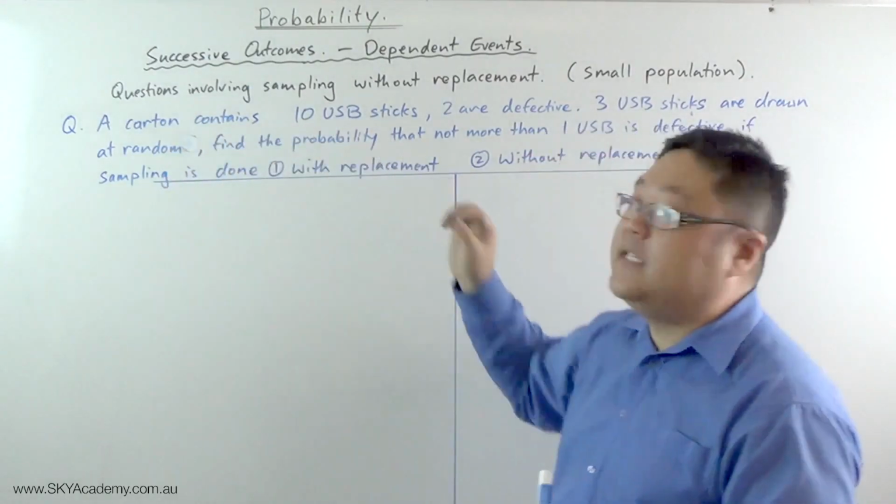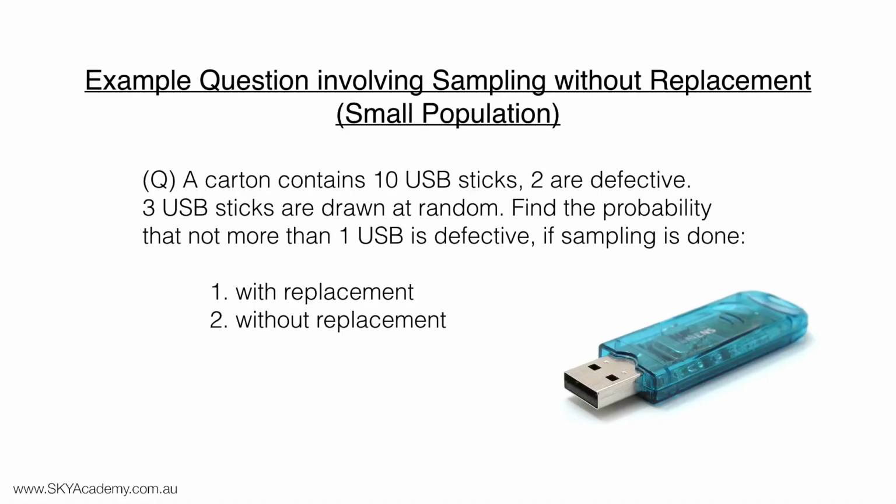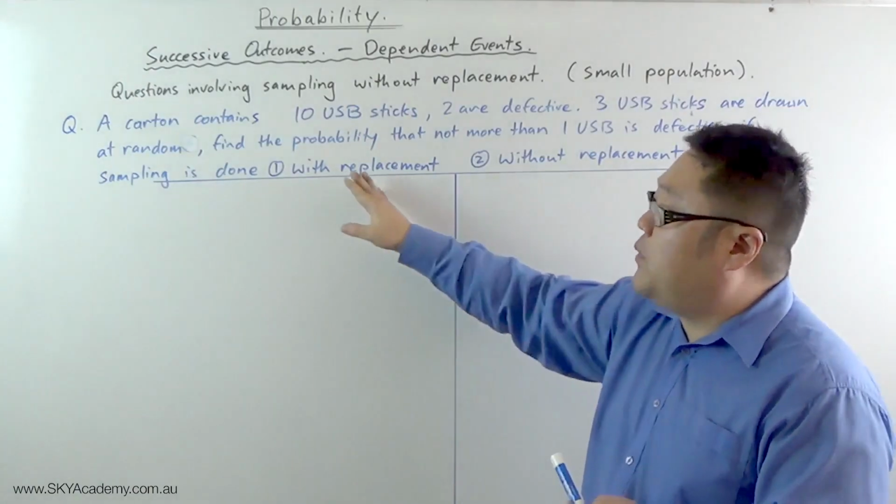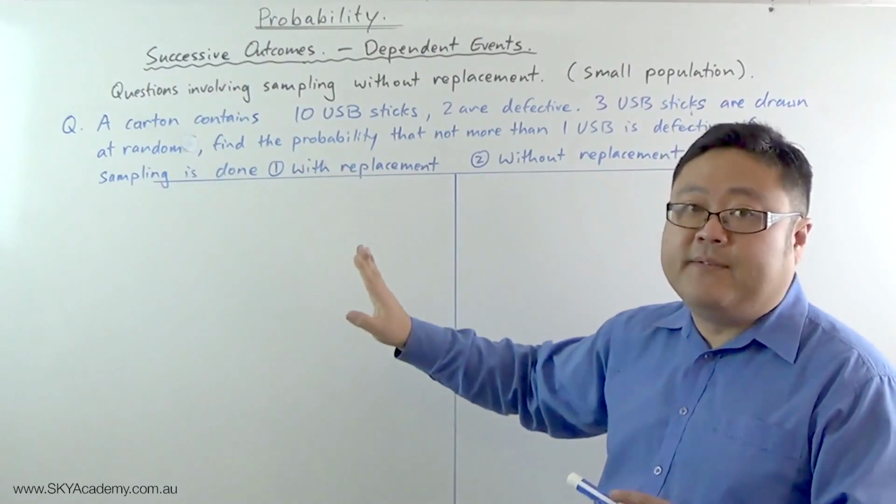A carton contains 10 USB sticks, 2 are defective, 3 USB sticks are drawn at random. Find the probability that not more than 1 USB stick is defective if sampling is done with replacement, with sampling done without replacement. Okay, now the first one with replacement isn't going to be dependent.